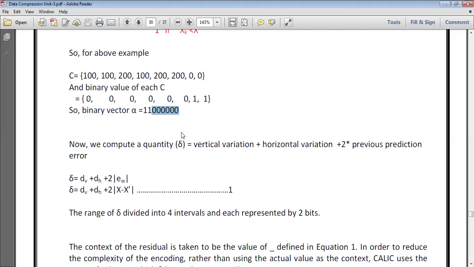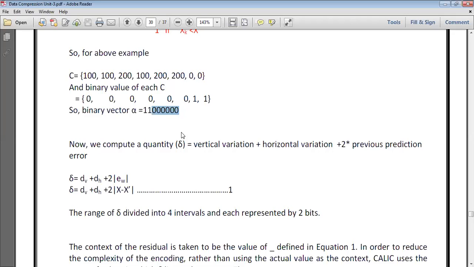Now, we compute the quantity. Firstly, we compute the coding sequence or coded values of x, which is called x dash, that is 75. Again, if the question asks to find the error, then we compute original values minus coded values. The original value is 100 and the coded value is 75, so the error is 25.